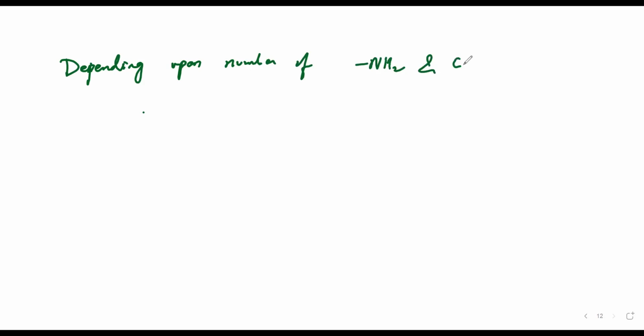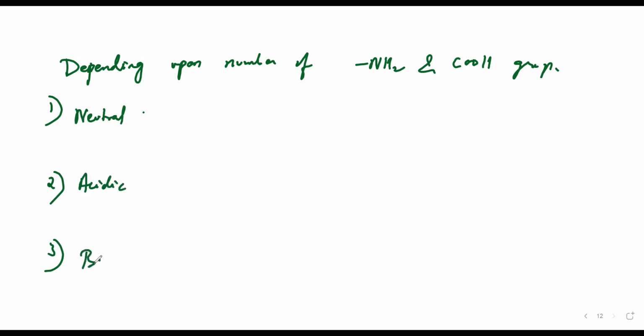Just write that down. Depending upon the number of NH2 and COOH groups present in that particular amino acid, they have been divided into three types: neutral, acidic, and basic.